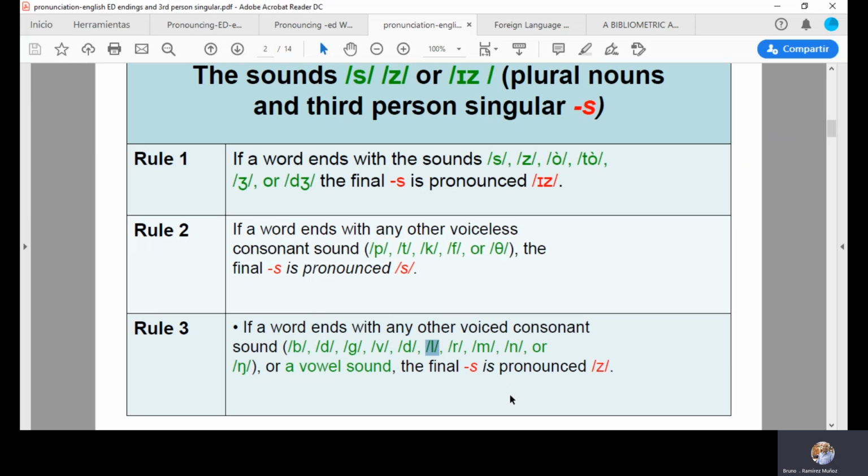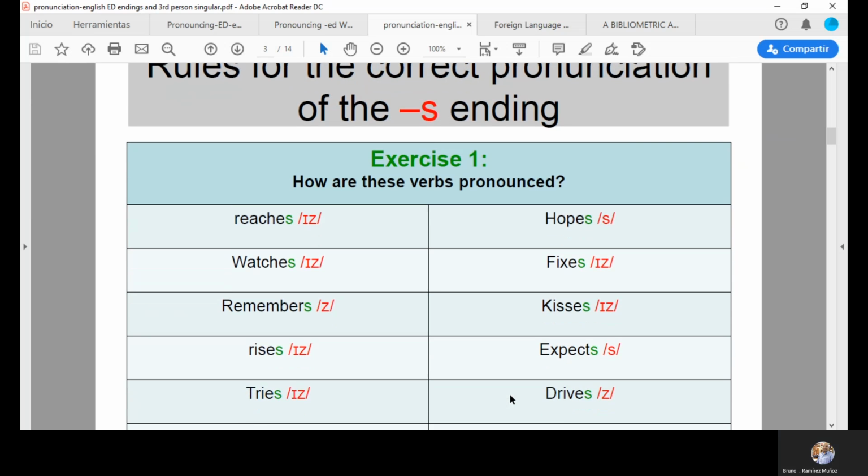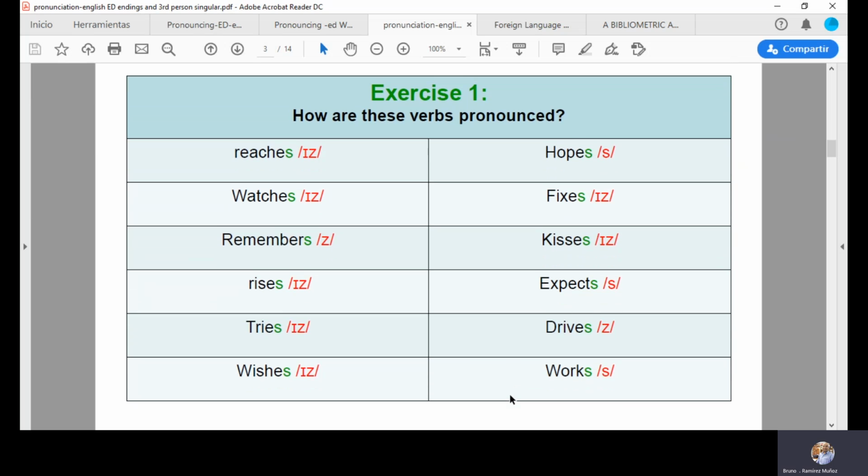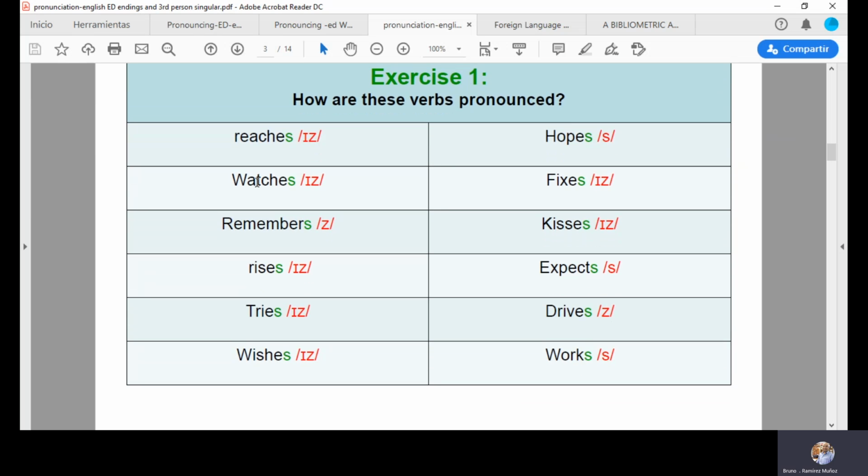So let's take a look at some examples here. The word rich becomes riches. The verb watch becomes watches. The verb remember becomes remembers. The word rise becomes rises. The word try becomes tries.